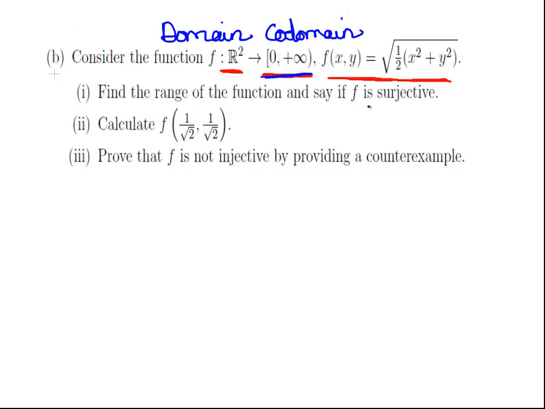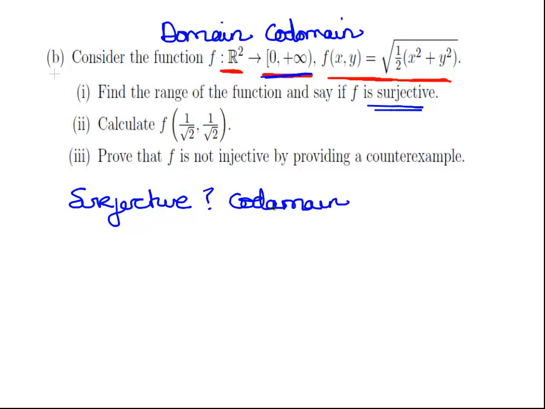What we want to know is if it is surjective, and if it is surjective, the codomain is essentially equivalent to the range.